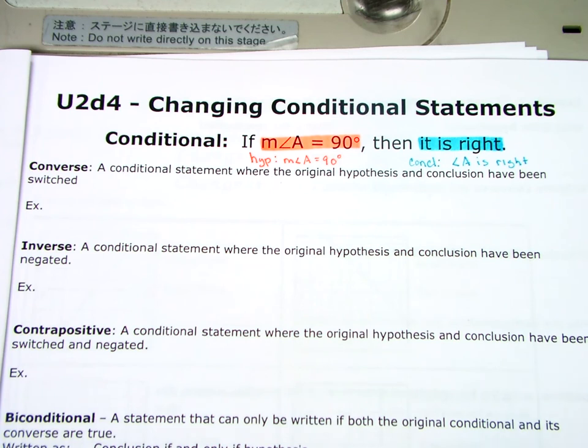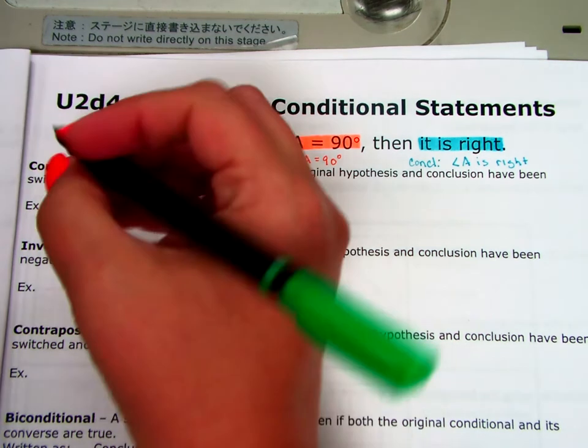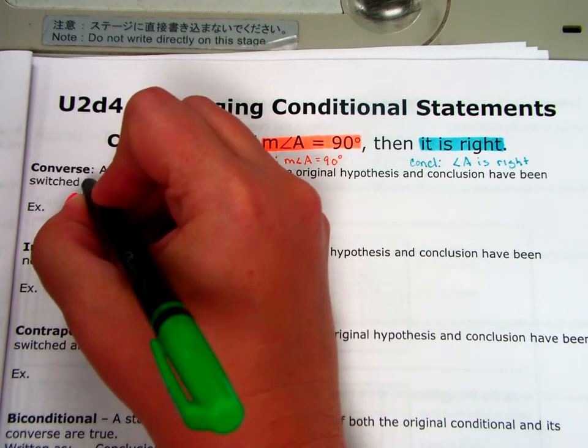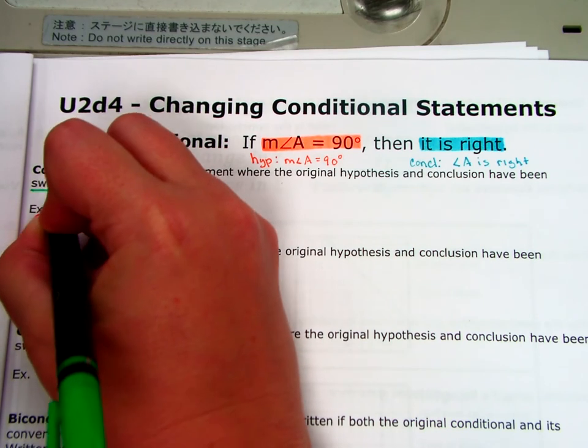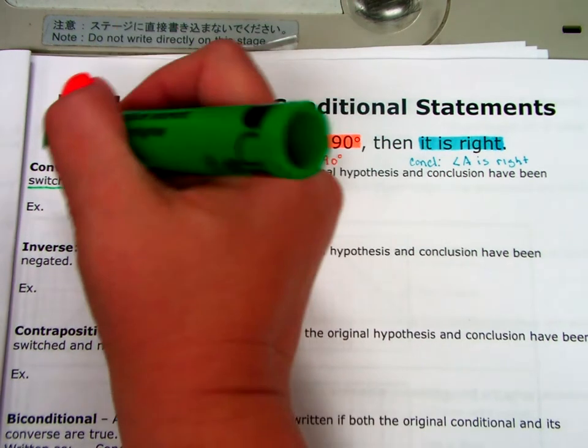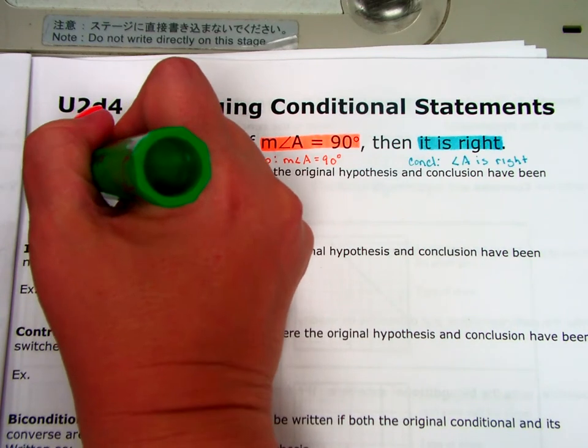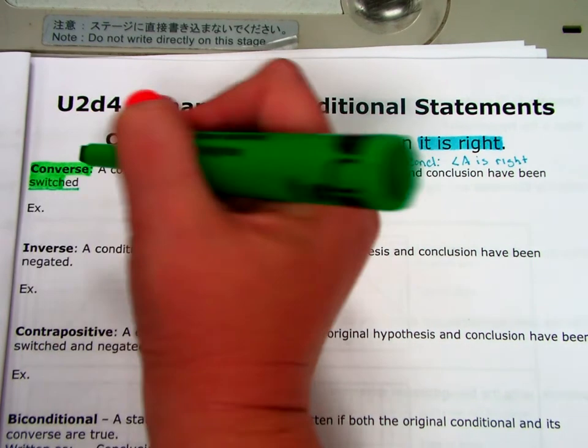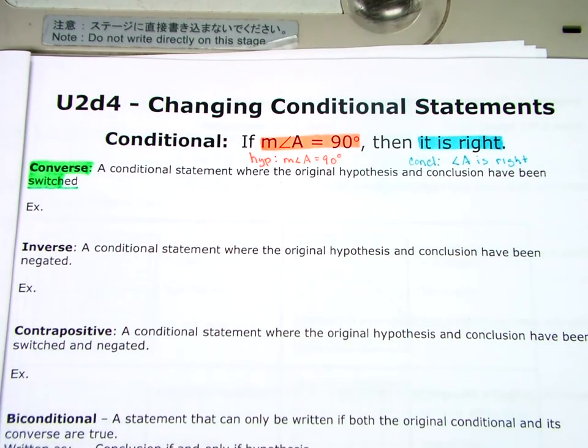The key word for converse, I always think about the word switch. If I remember the word switch, then I remember that I'm talking about converse. Converse goes with switch. Anytime I say what's the key word for converse, your answer should be switch.